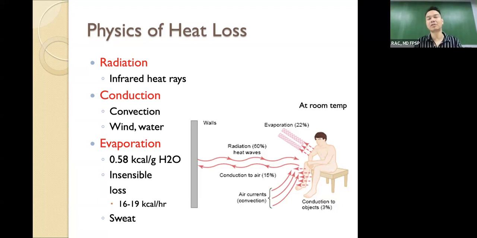So that's through conduction. So when that happens, the kinetic motion or the Brownian movement of these air molecules that surround our body will increase. So as the kinetic motion increases because of heat, they will slowly move away, and then they will be replaced by a new set of air molecules. So that's convection. So heat is lost through that method.